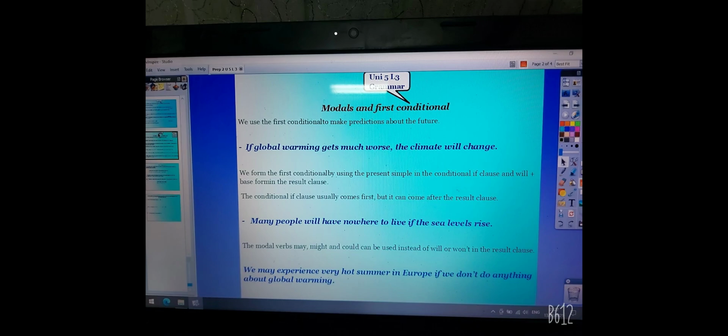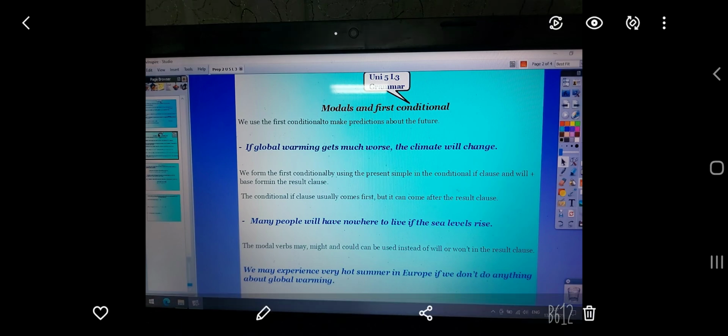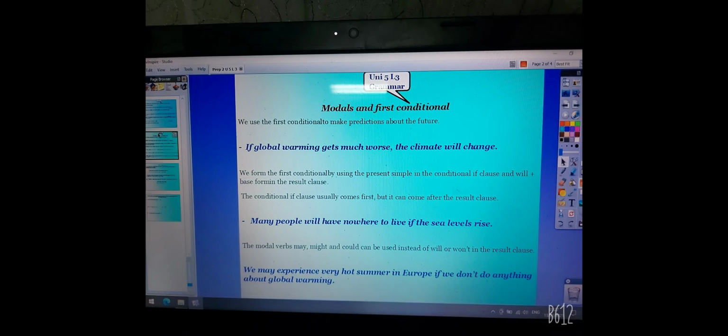So if, conditional if, in the middle of the sentence, we use will plus base verb, if, and present simple. Let's complete the modal verbs. The modal verbs might, could and may can be used instead of will or won't in the result clause. Like the sentence, we may experience a hot summer in Europe if we don't do anything about global warming.